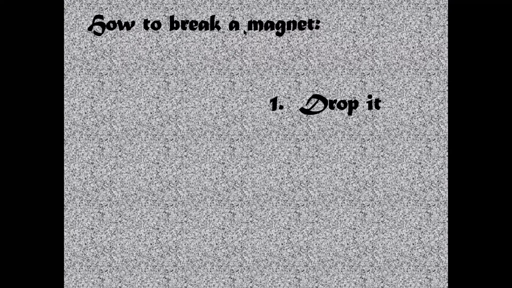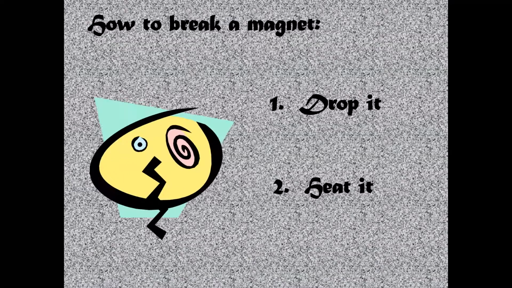So to break a magnet, drop it, heat it. This causes the domains to become random again. If you simply break a magnet with a hammer, it will not be demagnetized. It will again form two poles with each broken part.